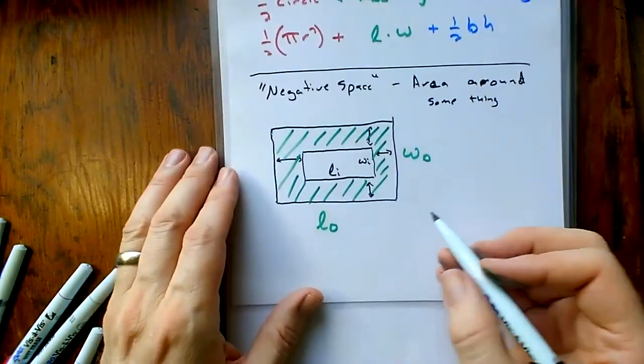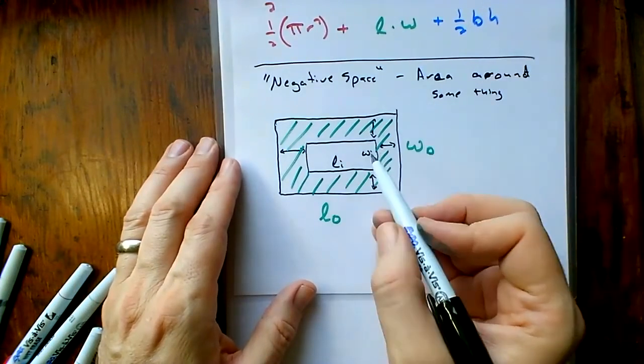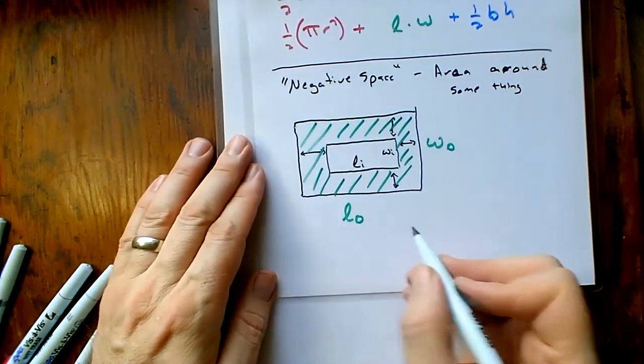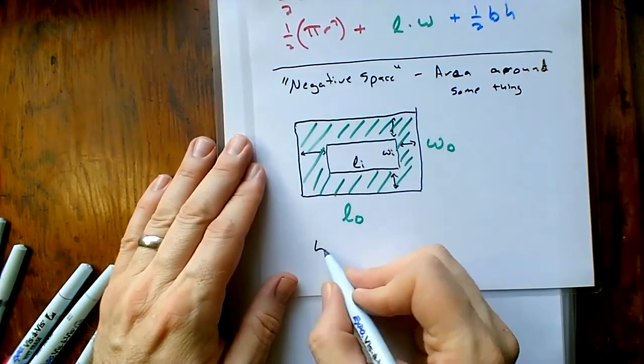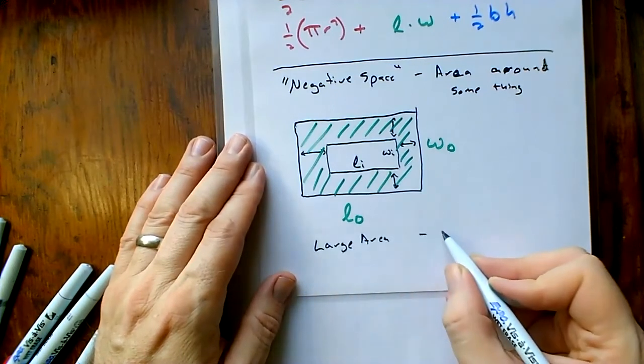So what you'll do is find the area outside and then subtract away the area inside. So it's going to be the large area minus the small area.